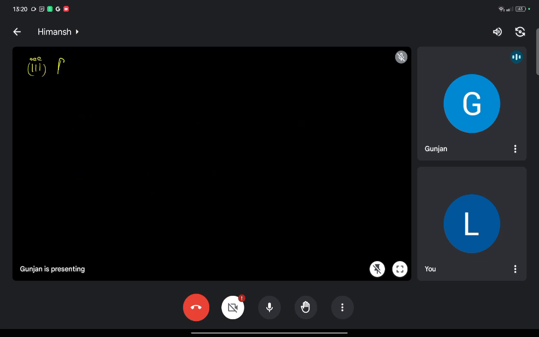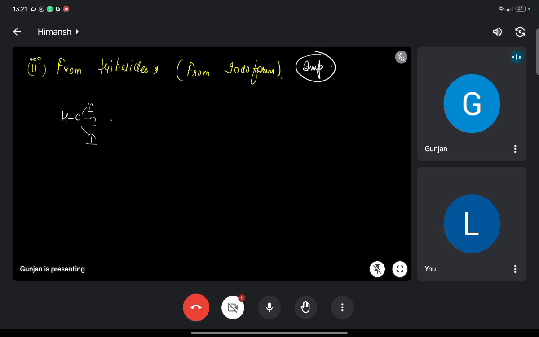From trihalides, from iodoform. Let's discuss it. This is again very important. It was also asked in your PYQs. CHI3 with 6 Ag, CHI3.